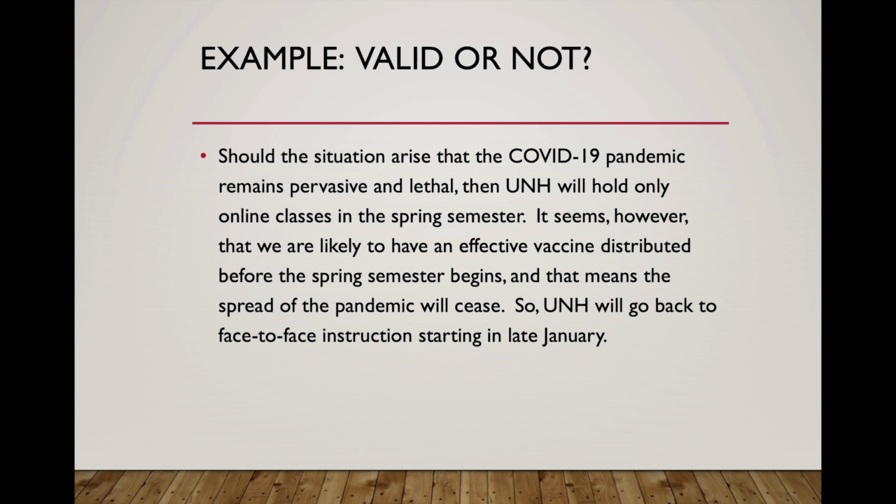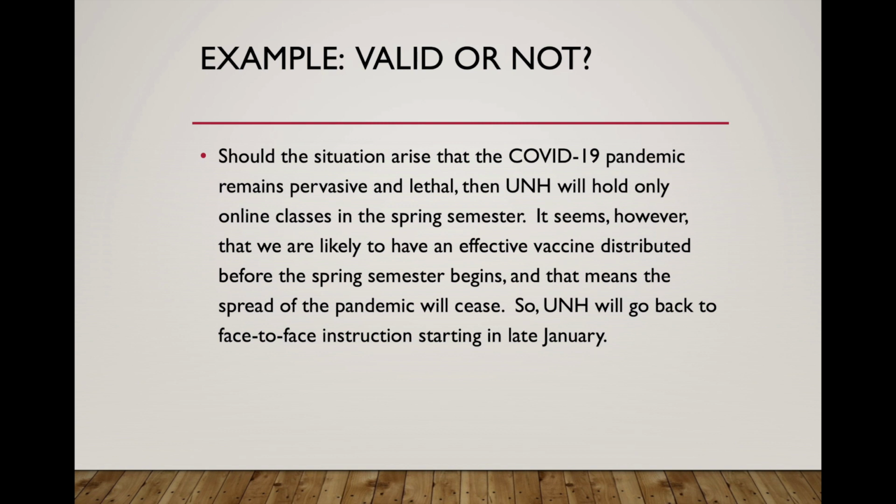Now, if you look at that second premise, you want to ask, how does that relate to the first premise? Does it refer to the antecedent or the consequent? That is, does it refer to the COVID-19 pandemic, or does it refer to UNH and online classes in the spring semester? It's clear that we're referencing the antecedent about the pandemic.